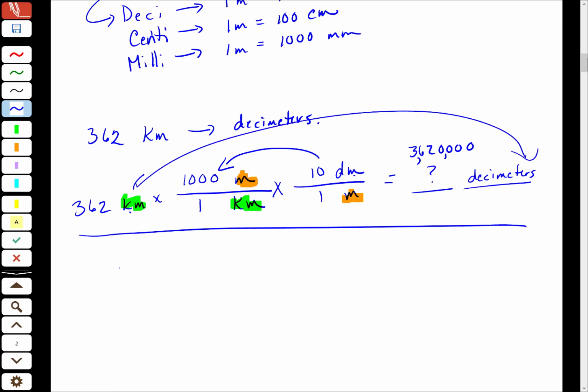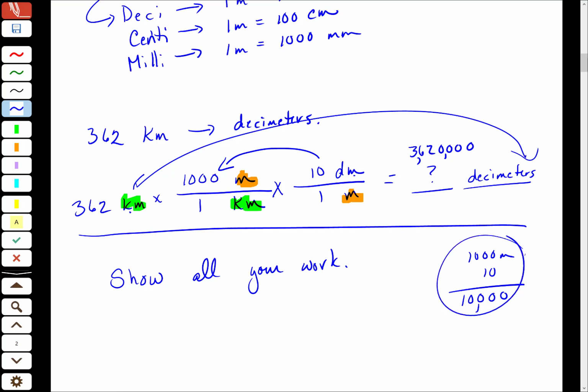So the idea behind dimensional analysis is to show all your work here. If you're doing some sort of side multiplication where you say, well, 1,000 meters and there's 10 decimeters, so when I multiply them together I get 10,000, and then you're using 10,000 in this multiplication factor, you're actually doing part of the process over here and part of it over here, and it makes it unclear what you're doing.